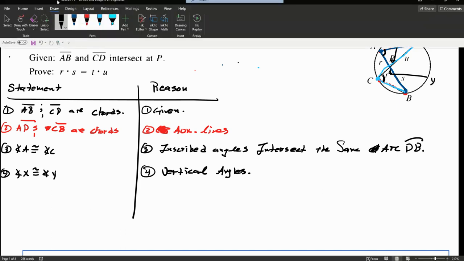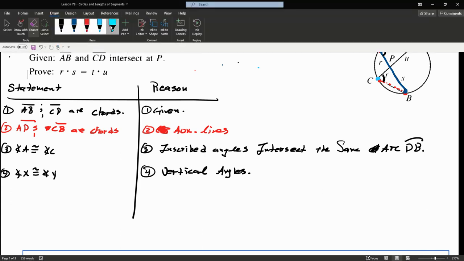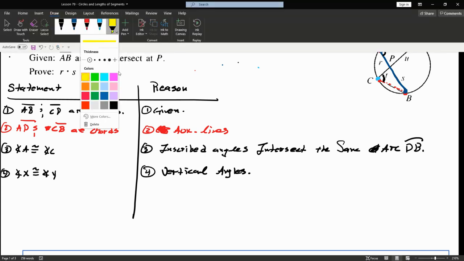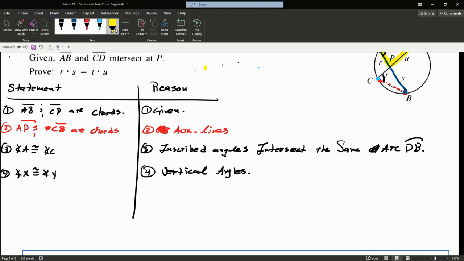Let me just clear this a little bit, because what we have shown is the following. We have two triangles. So let me just highlight the triangles. We have this triangle right here, and we have our second triangle over here.